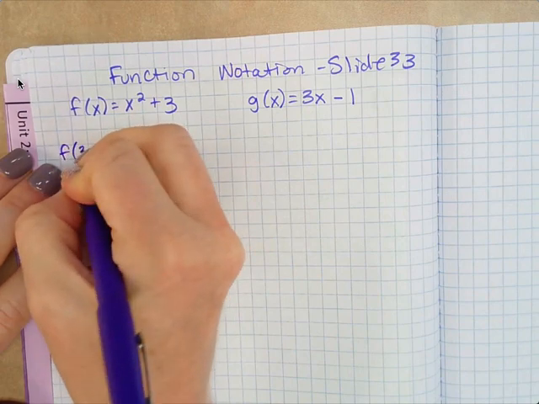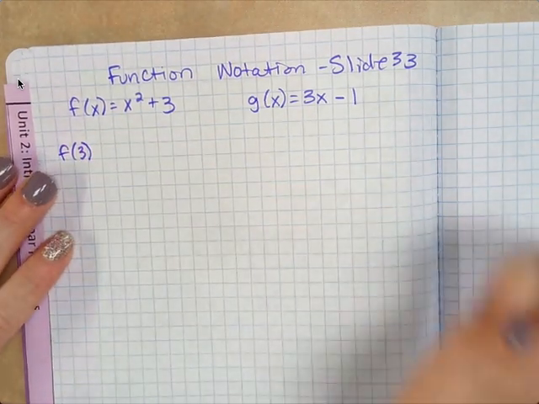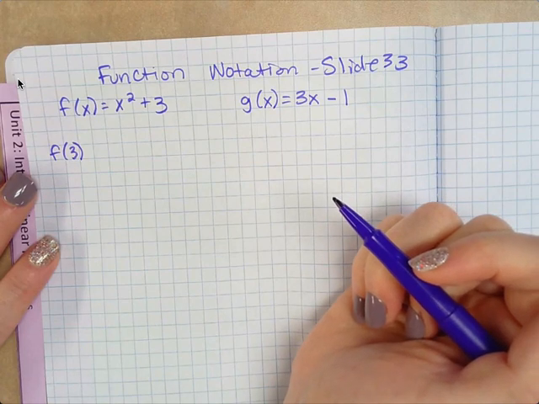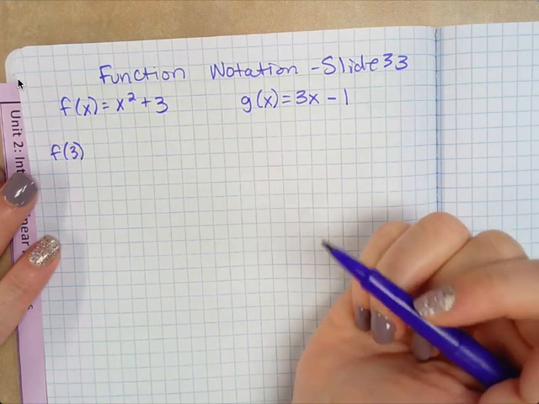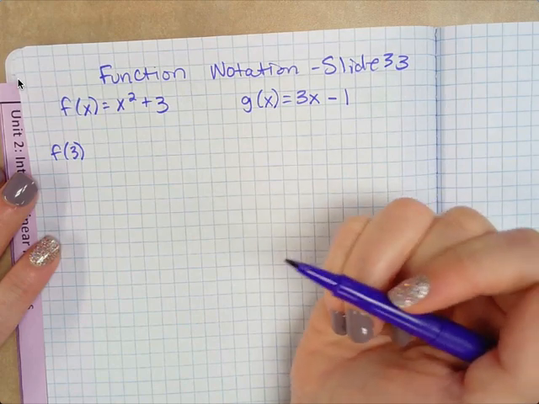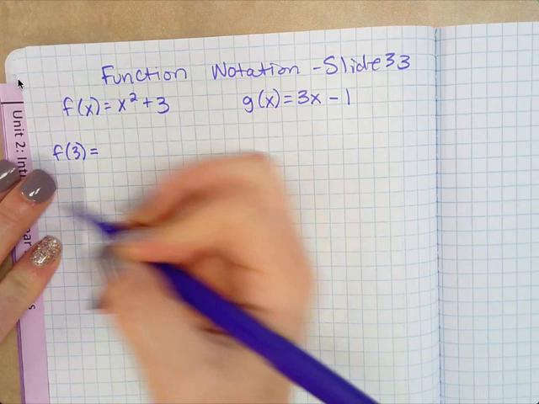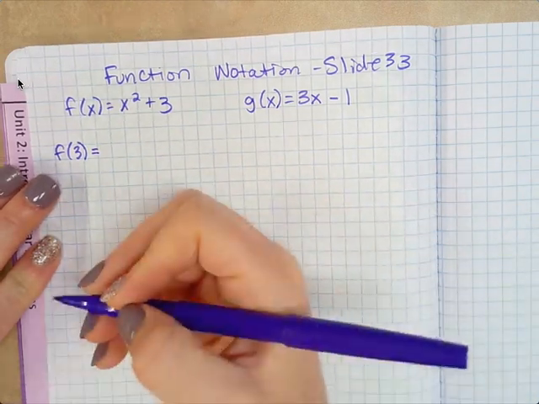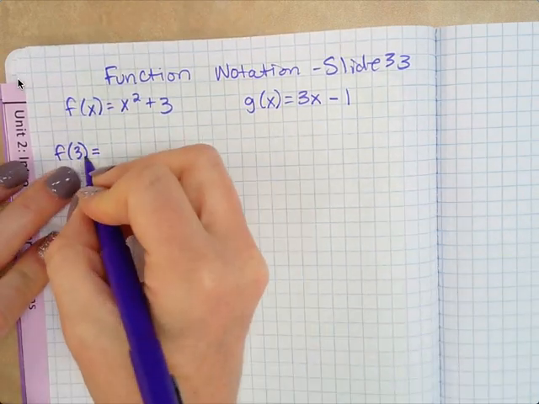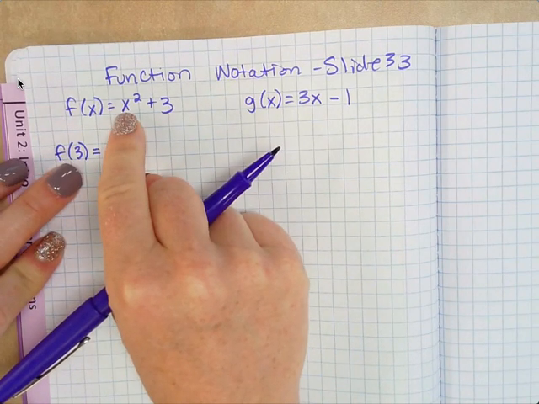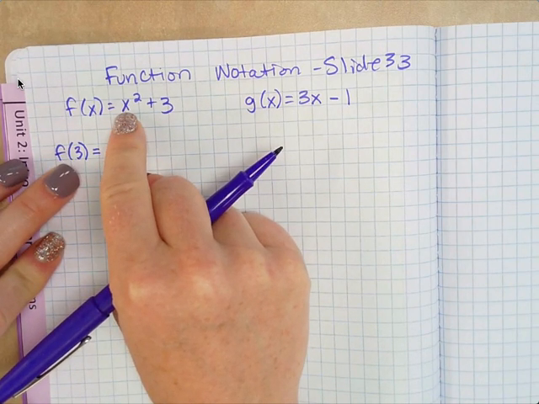F of 3. So that means everywhere we see an x, we're going to plug in the 3. Before I just have you put it in your calculator, I want you to write it down. So anytime you have an x, you're going to input the number in for x, but keep it in parentheses.